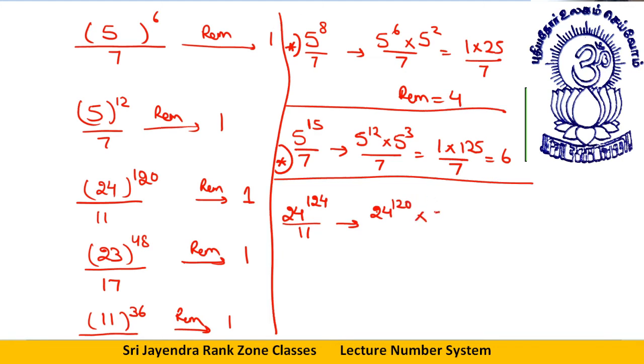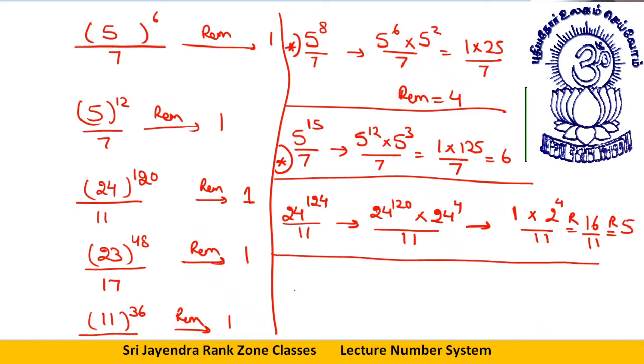How much is remaining? 24 raised to the power 4 divided by 11. This can be simplified further. 24 when divided by 11 will give you a remainder of 2, so it is 2 raised to power 4 divided by 11, that is 16 divided by 11, and the remainder will be 5.